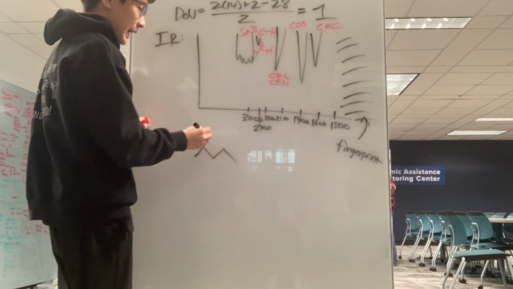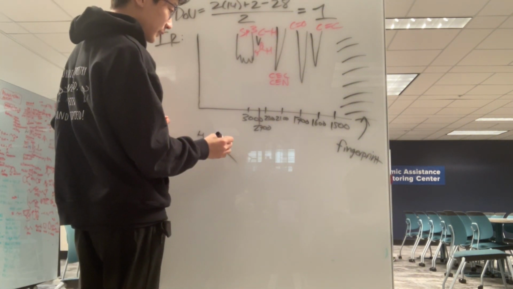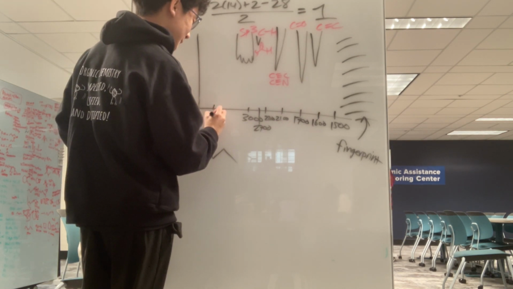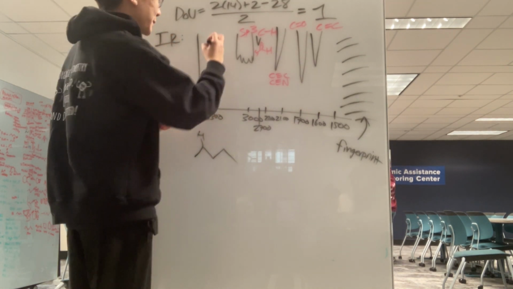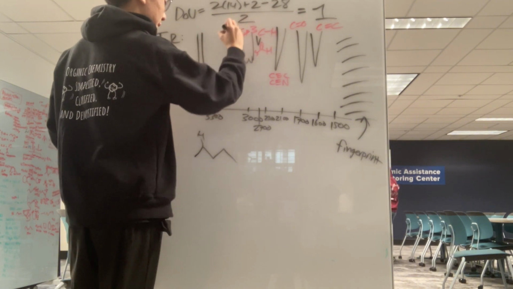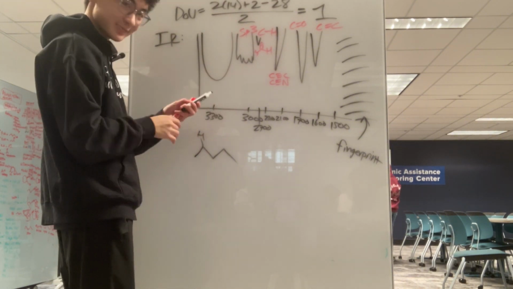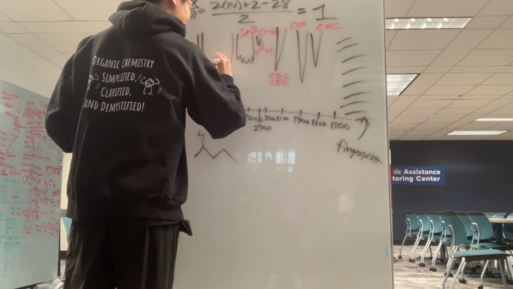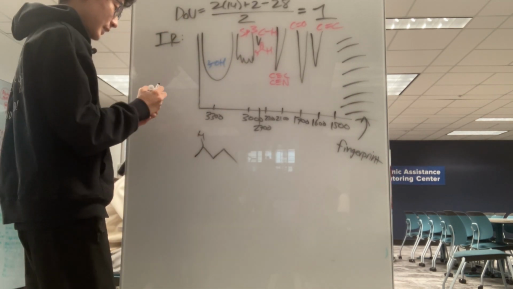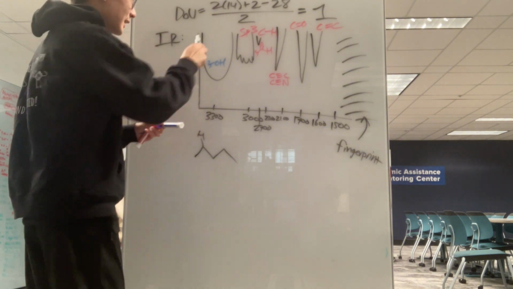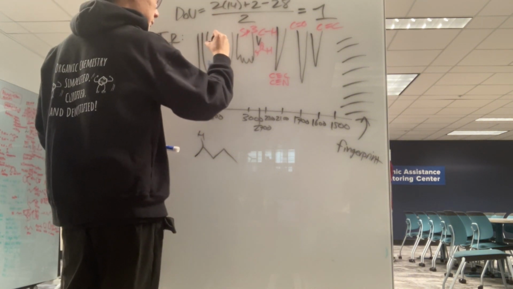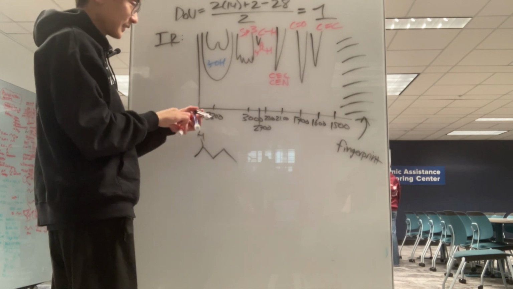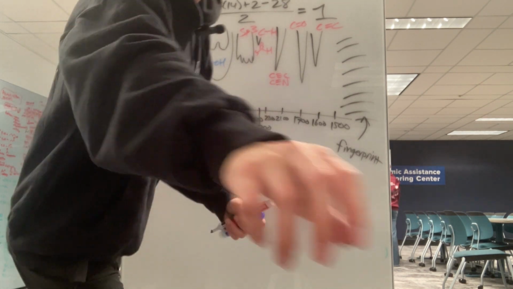Now, let's look at 3300, this range right here. This is when it gets interesting. When you have a big broad peak at 3300, that is OH, alcohol. When you see a double fang molecule like this, that is also a little bit broad, that is NH2.